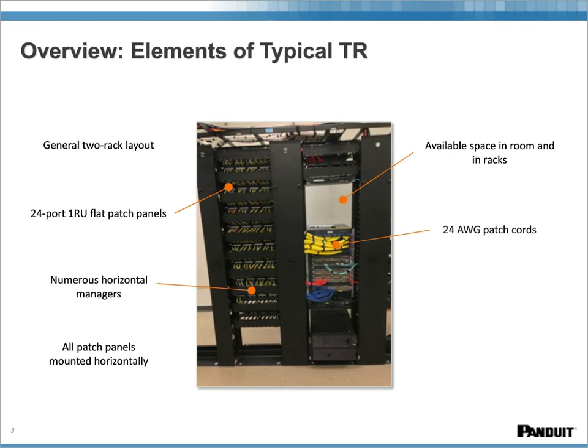Very typically today, and in many of the legacy installations across the country, the use of 24-gauge patch cords, and usually discrete patch cord lengths that are different, right? Just to map out to the layout that you see in front of you.